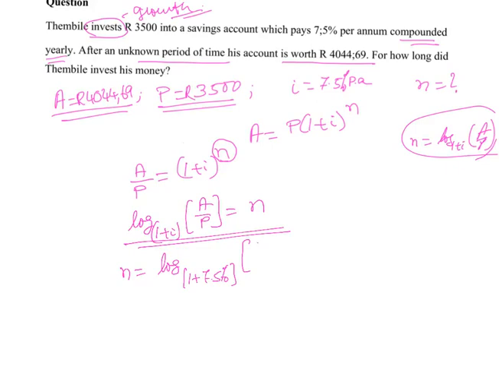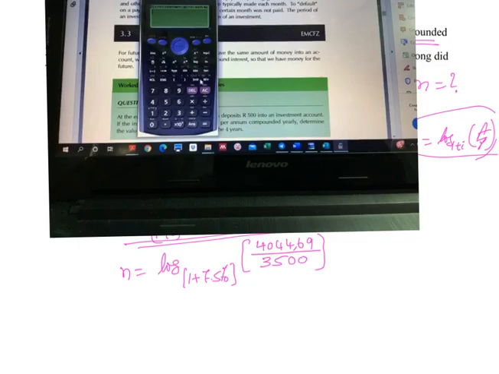A is 4,044.69 divided by 3,500. So I input these values in my calculator, using the logarithm function with a base. My base is 1 plus 7.5 percent, and then I press logarithm of.